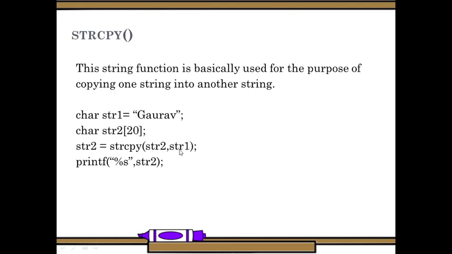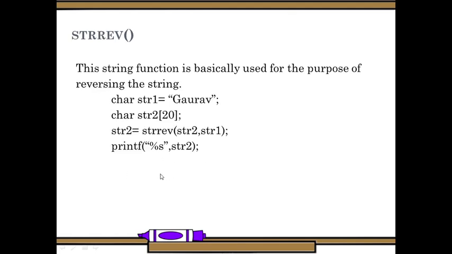Always, whatever the destination is, the assignment will be right to left: this will be assigned to this one. Remember this concept always. Then printf with percentage s and string 2 displays string 2.